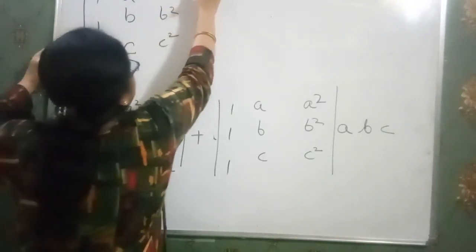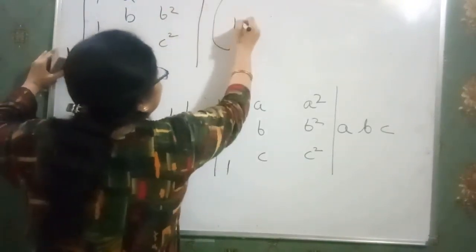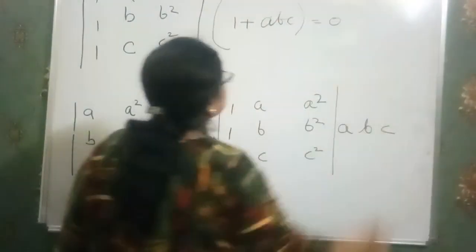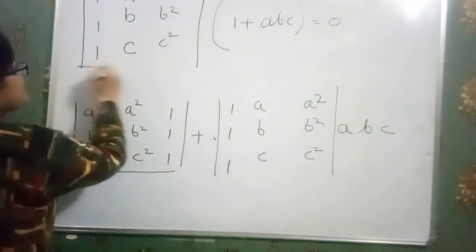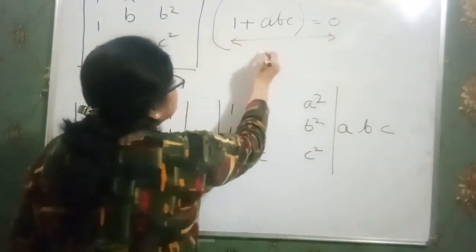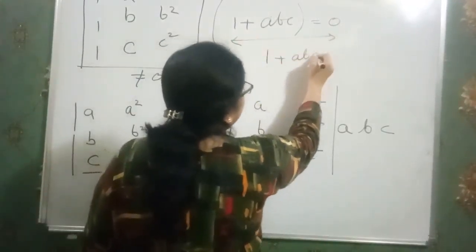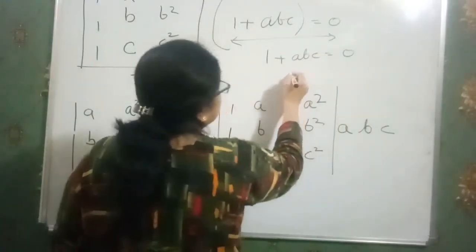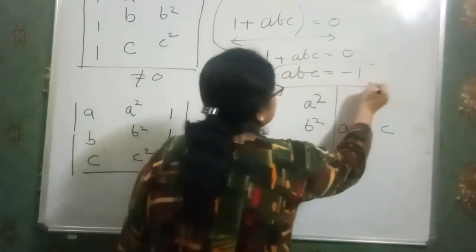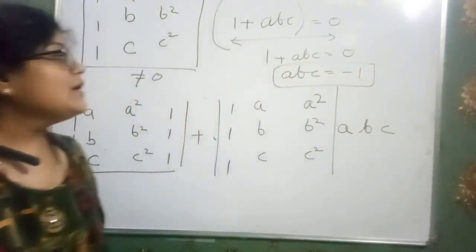So we have 1 plus A, B, C is equal to 0. As it is given, the determinant is not equal to 0, so this must be equal to 0. So we have 1 plus A plus B plus C is equal to 0. So from here we have ABC is equal to -1, and this is the required answer asked in the question. Okay.